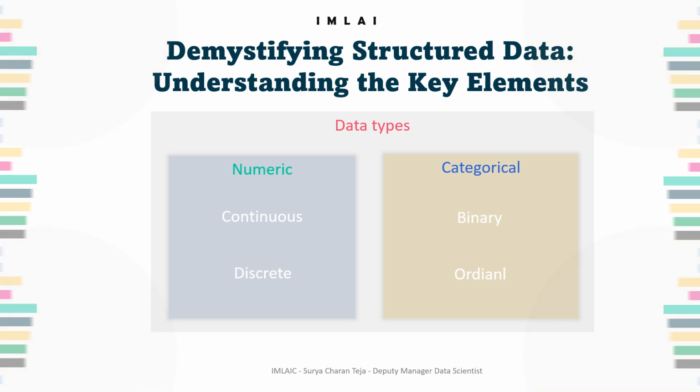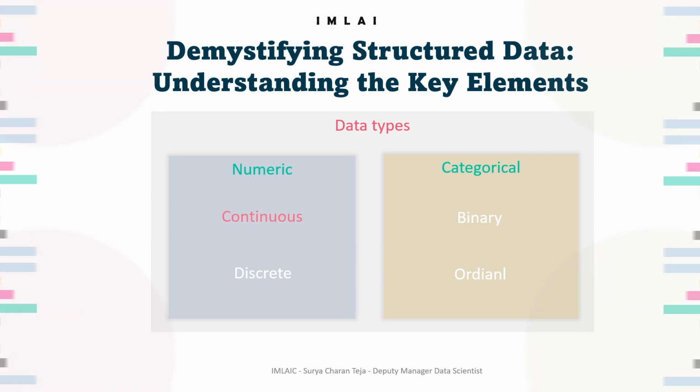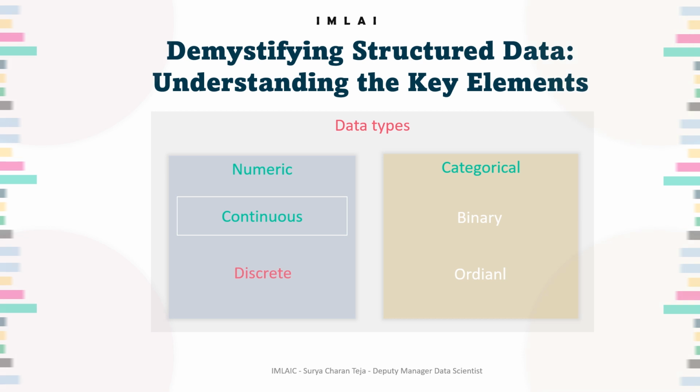Numeric data comes again in two forms. One is continuous, such as wind speed or time duration, and the second one is discrete, such as the count of the occurrence of an event.